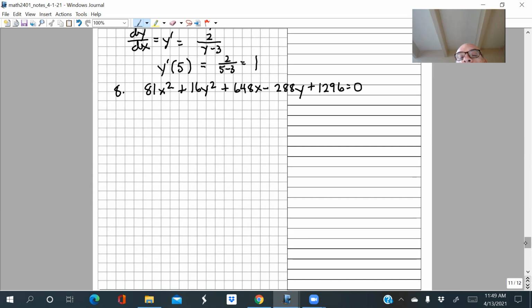This one is terrible because the numbers are so large. They gave you this curve, 81x squared plus 16y squared plus 648 times x minus 288 times y plus 1296. Your version of the problem probably had different coefficients here.